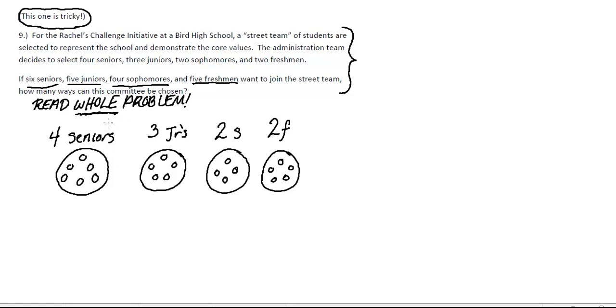Okay, and we have to have 4 seniors. So we're going to choose 4 seniors, 3 juniors, 2 sophomores and 2 freshmen. So let's start figuring out what we're doing here. Well, let's start with the seniors. Alright, so let's do the seniors in red. What I'm going to do is choose 4.